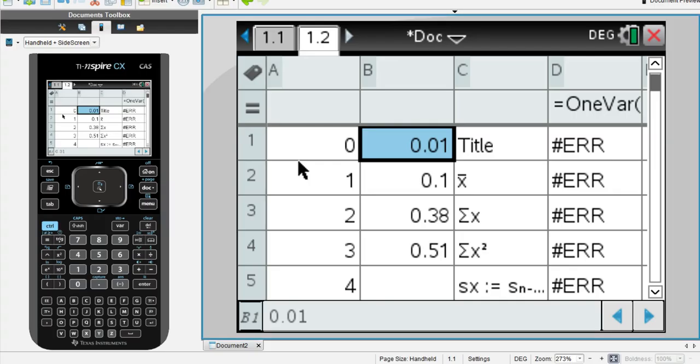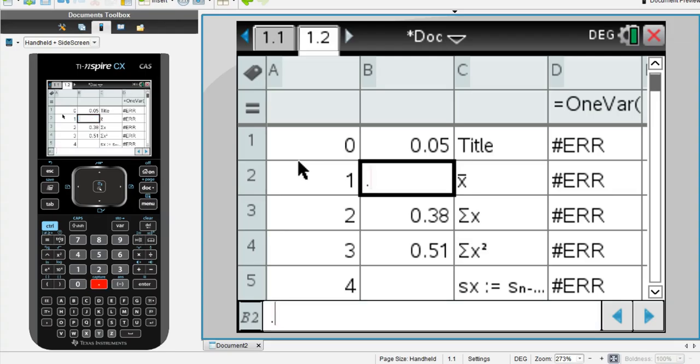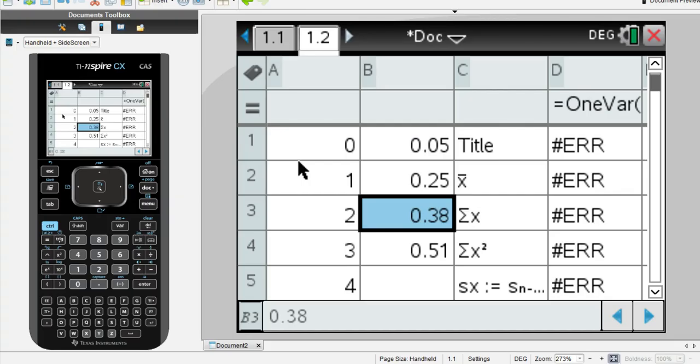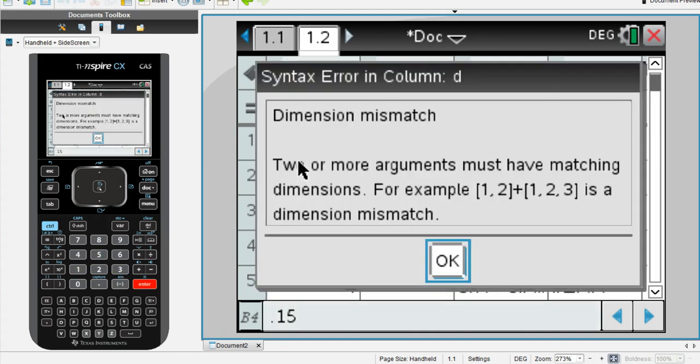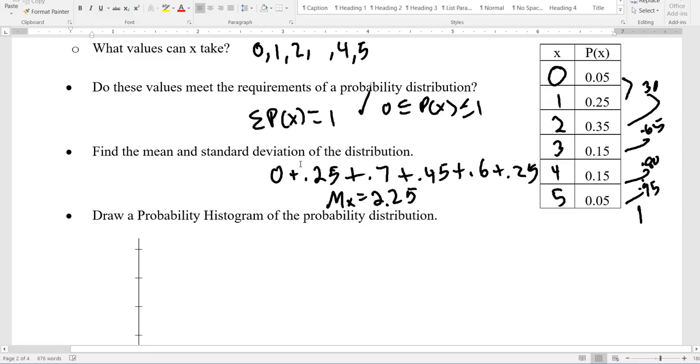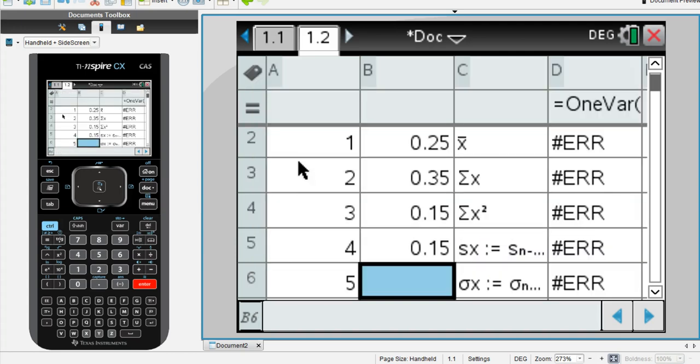Fill in the probabilities. 0.05, 0.25, 0.35, 0.15, and the last two we need are 0.15 and 0.05.